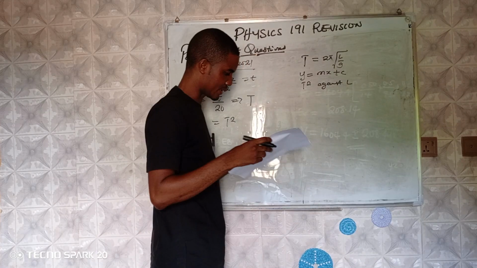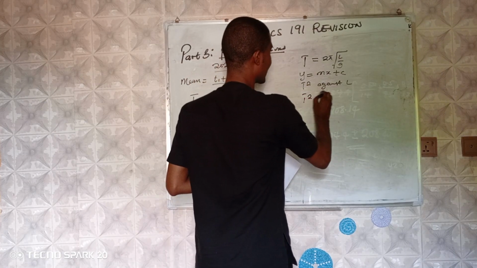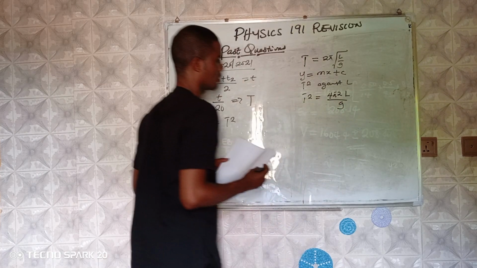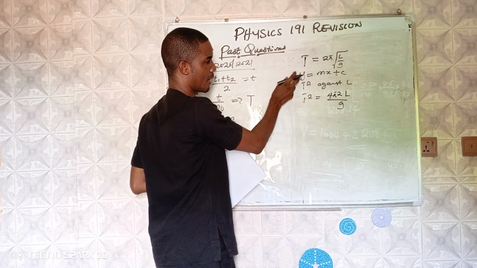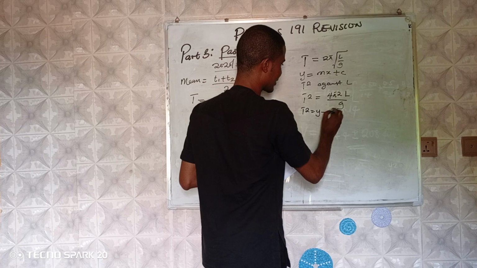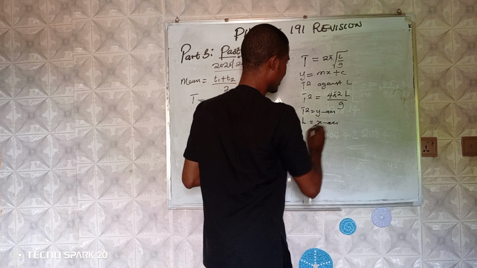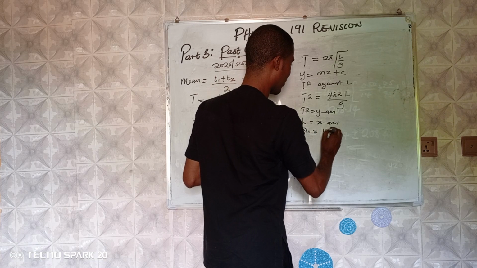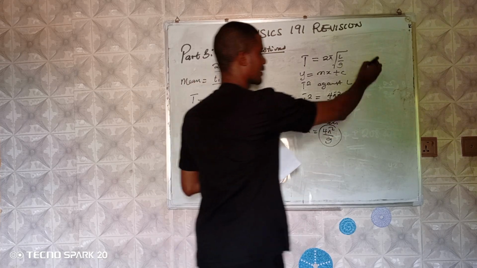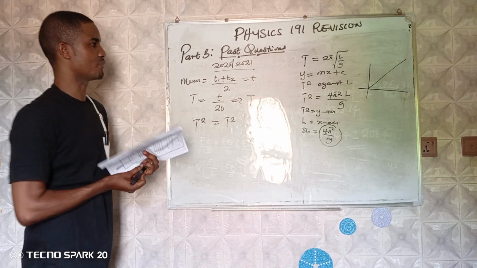If we square both sides, we have T squared equals 4 pi squared L over g. Since T squared is going to form our Y, T squared is my Y axis and L is my X axis. So my slope is going to be 4 pi squared over g. There is no intercept, so the graph must come from the origin.